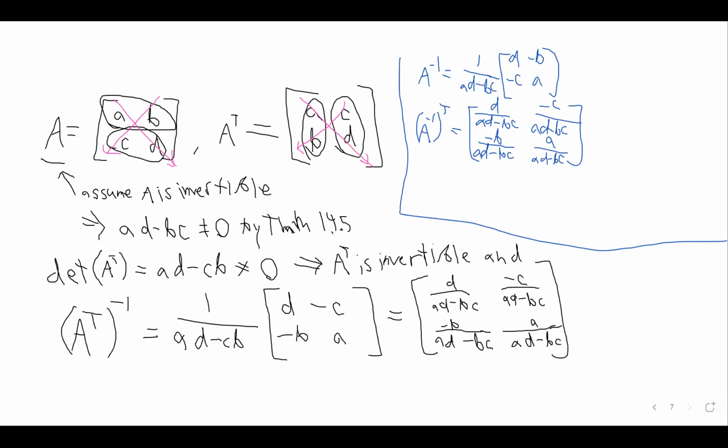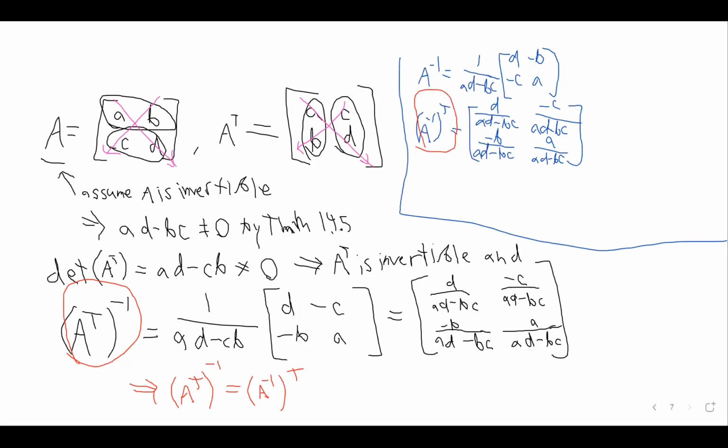So you see that this matrix, A inverse transpose, is the same as A transpose inverse. They're equal. And so the conclusion is that A transpose inverse is equal to A inverse transpose. That is exactly what the theorem says, but we saw it was true through calculations for a particular example. If A is invertible, then this is true in general.